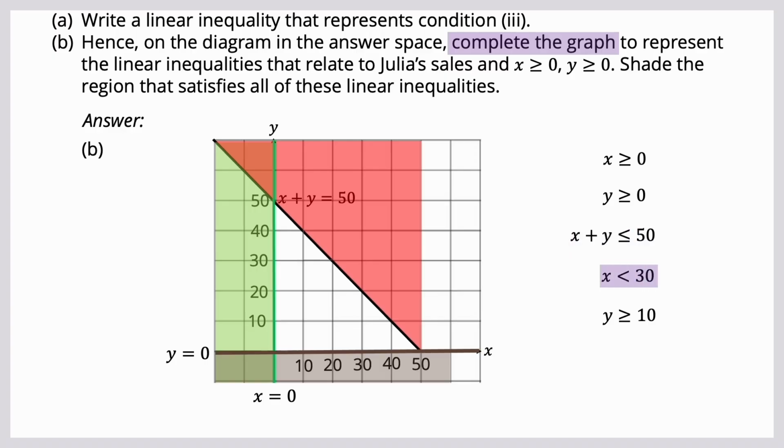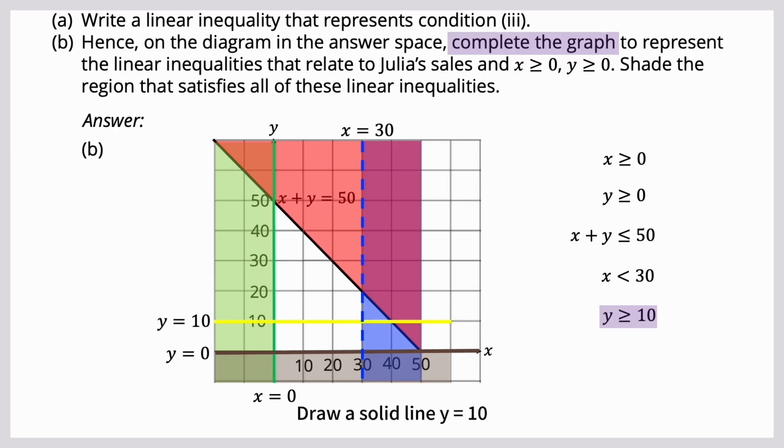x less than 30. Draw a dashed line x equals 30. Dashed line because it is a strict inequality. Shade the unsatisfied region. Shade right of the line. y greater than or equal to 10. Draw a solid line y equals 10.